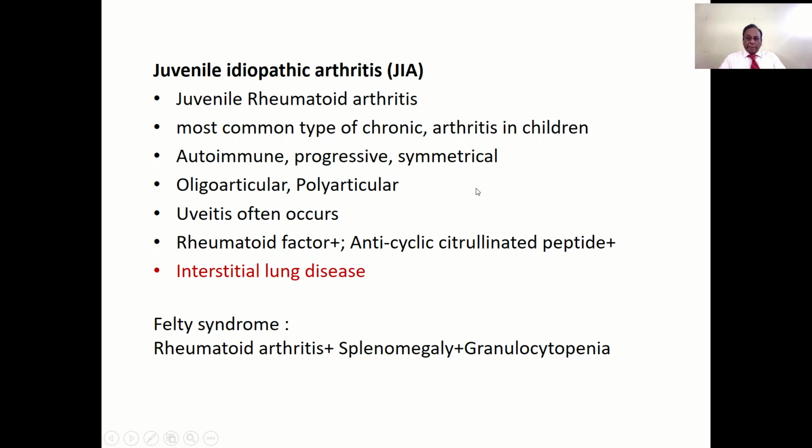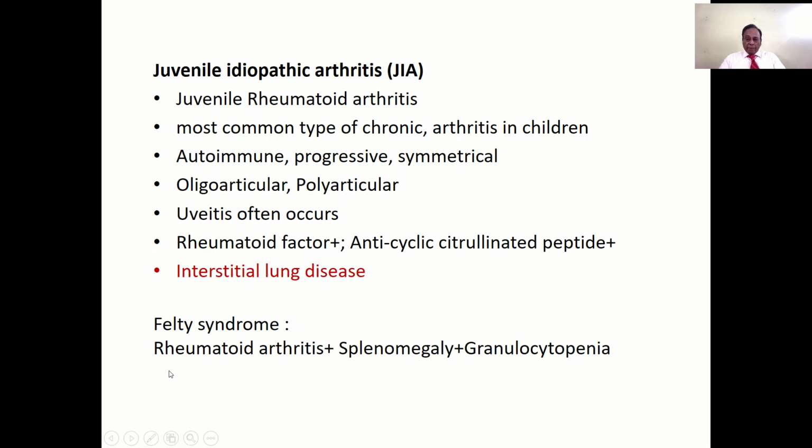A child typically presents with a symmetrical arthritis. Initially they present with smaller joints, and depending upon the joint involvement, it is classed as oligo or polyarticular arthritis. Most of the children also develop uveitis. I already said you have to work up rheumatoid factor and anti-CCP.